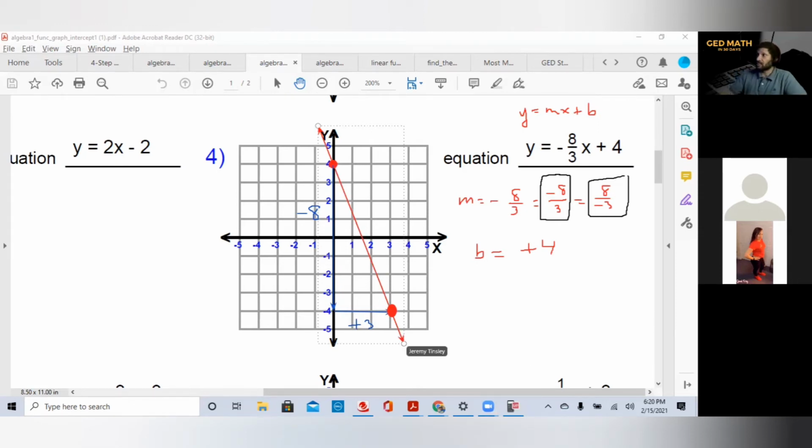So why couldn't the run on the other problem you did before this one have been positive? Well, it could. Remember the previous problem, the slope was positive, but since we couldn't go up 3, there wasn't enough room on the graph.